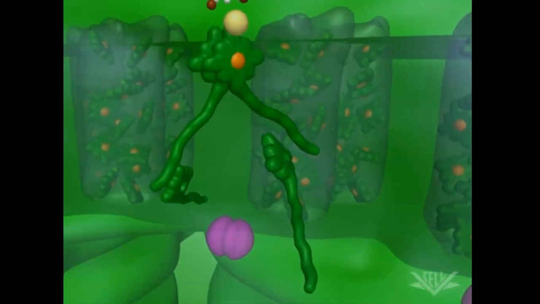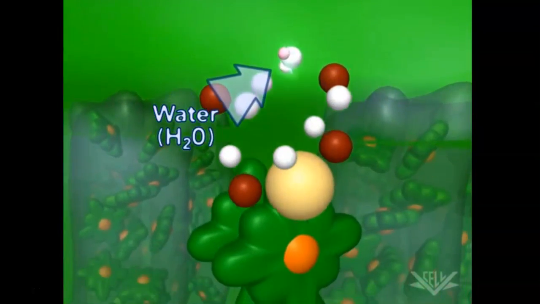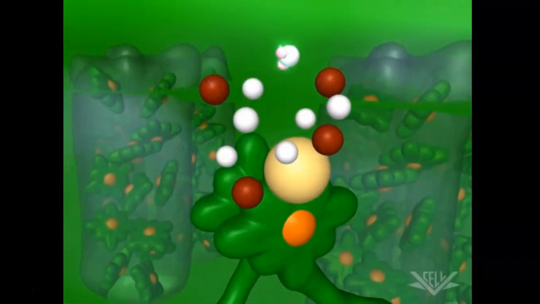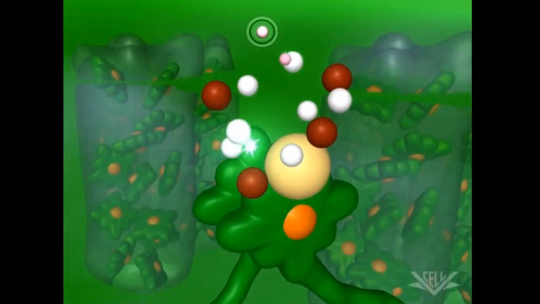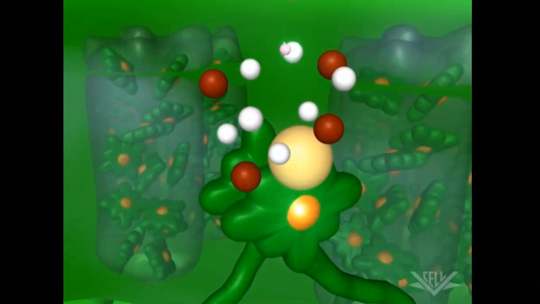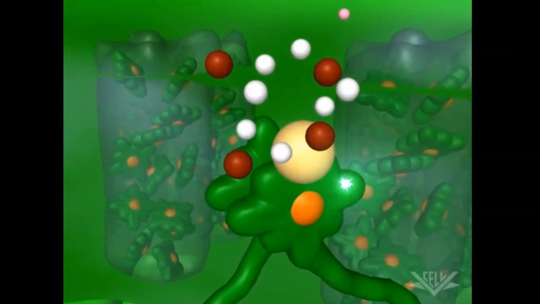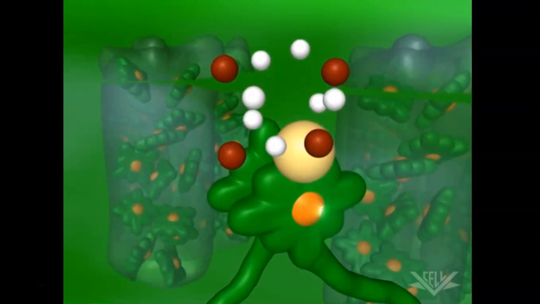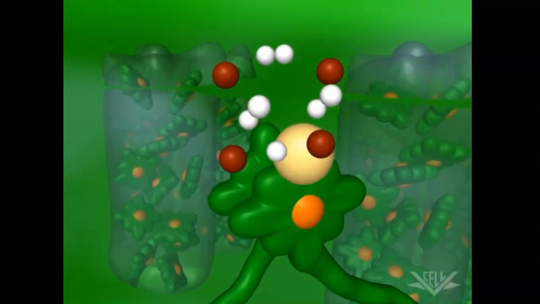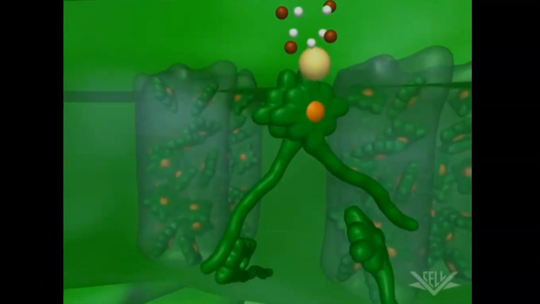In addition to the 2 electrons, QB also picks up 2 protons from the stroma. The 2 electrons lost from photosystem 2 are replaced by the splitting of water molecules. Water splitting also releases hydrogen ions into the lumen. This contributes to a hydrogen ion gradient, similar to the one created by mitochondrial electron transport.